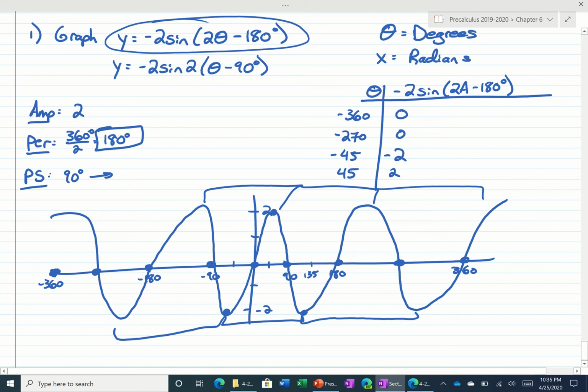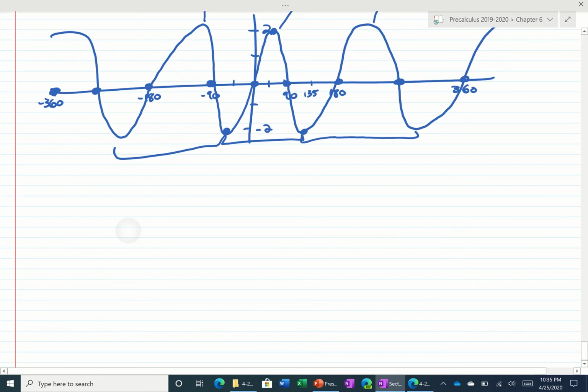Let's graph one in radians. How about y is equal to -2 times the cosine of x plus pi over 2. There's no number in front, so amplitude, period, and phase shift.